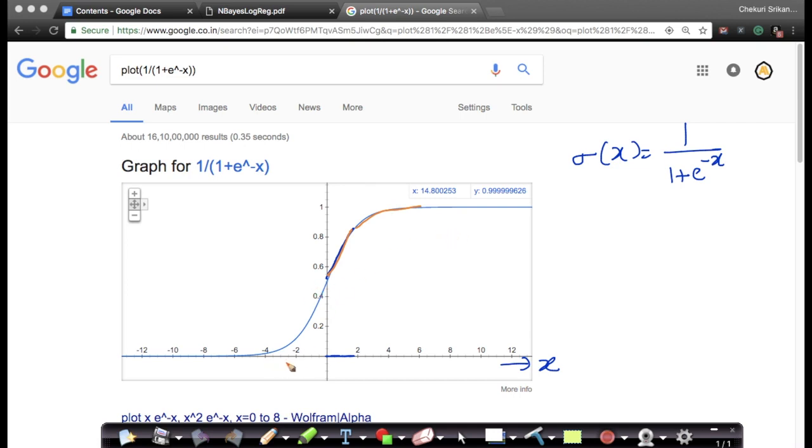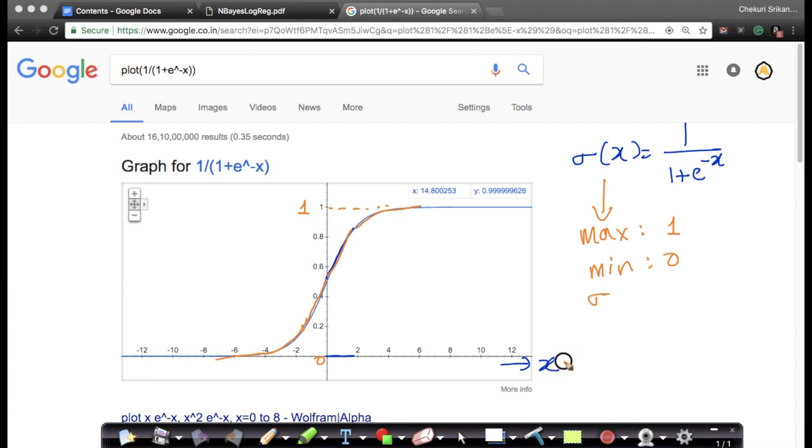Similarly, when x is a small negative value, it is almost linear here, but it immediately tapers off. What is the maximum value here? The maximum value is 1 and the minimum value is 0. So sigma of x has a maximum value of 1 and a minimum value of 0. This is good.